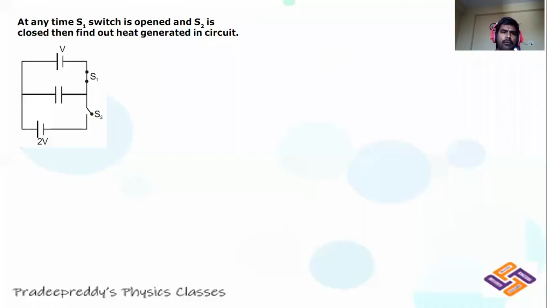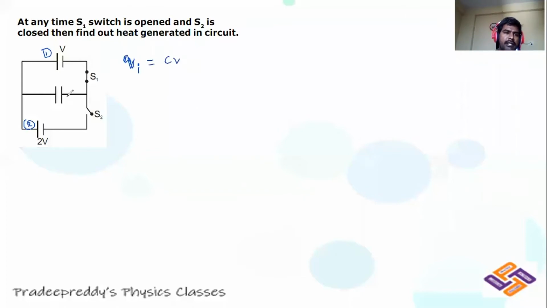So in this problem, listen carefully. This is the first battery and this is the second battery. The first capacitor is connected to the first battery. Therefore it initially has some charge: Q initial is equal to CV.